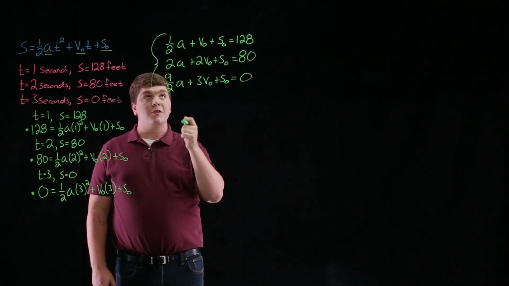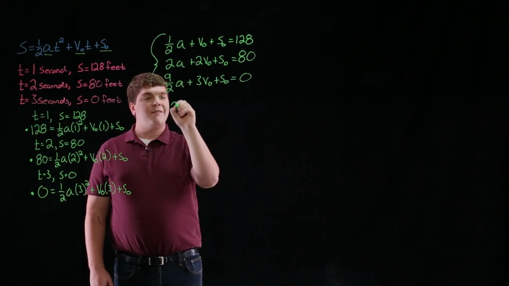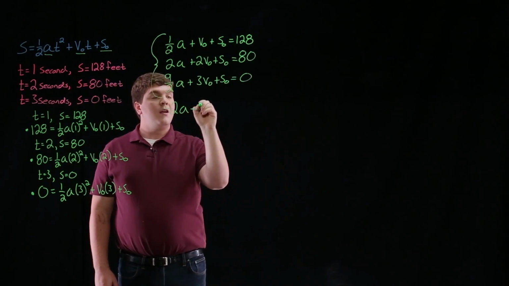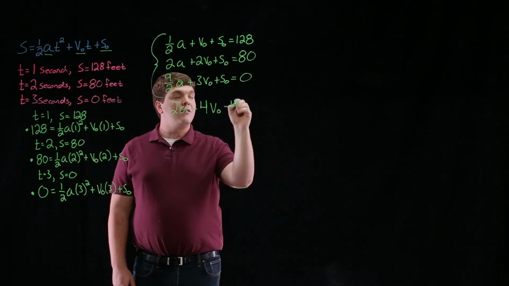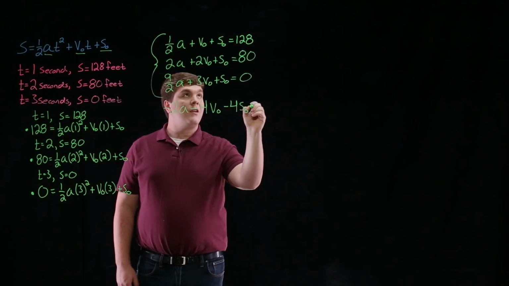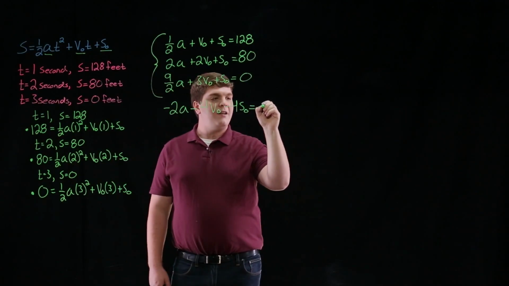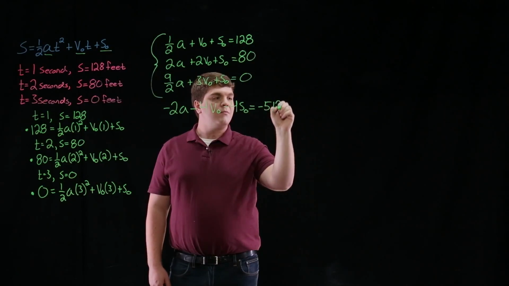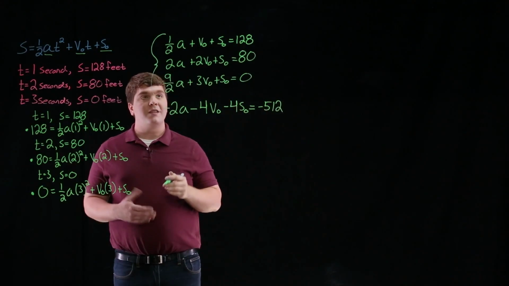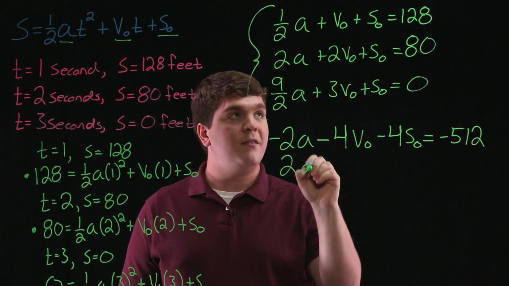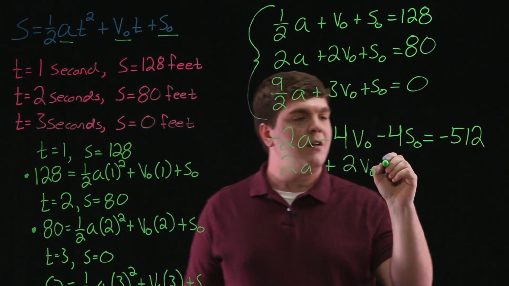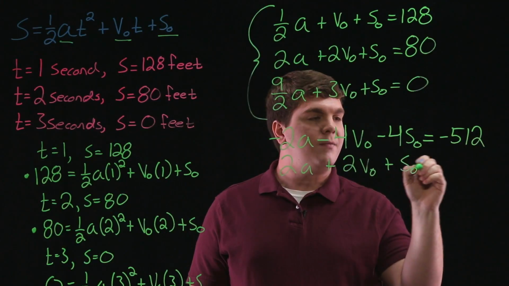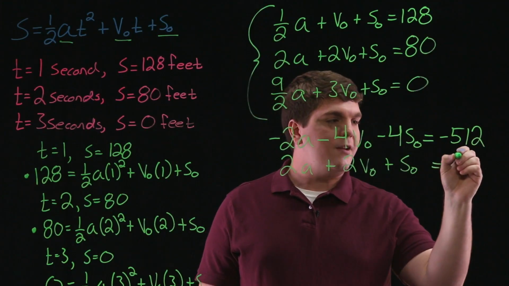So multiplying the first row by -4, we have -2a minus 4v naught minus 4 s naught is equal to -512. And our second row is 2a plus 2v naught plus s naught, and this is equal to 80.